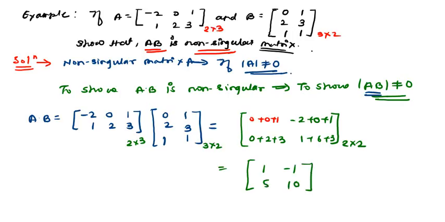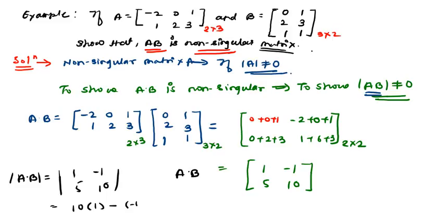So we got this matrix AB. Now we will find the determinant of the matrix. The determinant of the matrix is nothing but the determinant of [1 -1; 5 10]. This is a 2 by 2 matrix, so this will be 10 into 1 minus (-1) into 5.